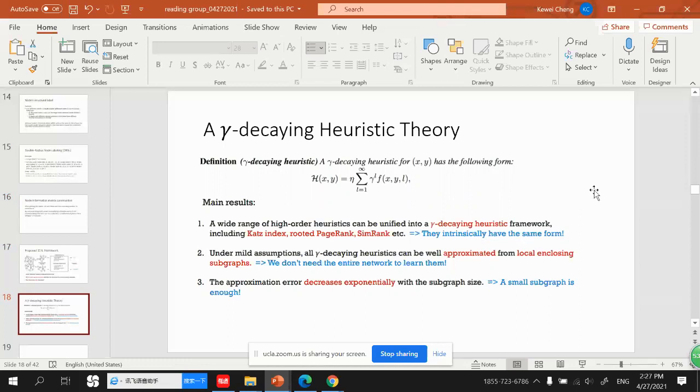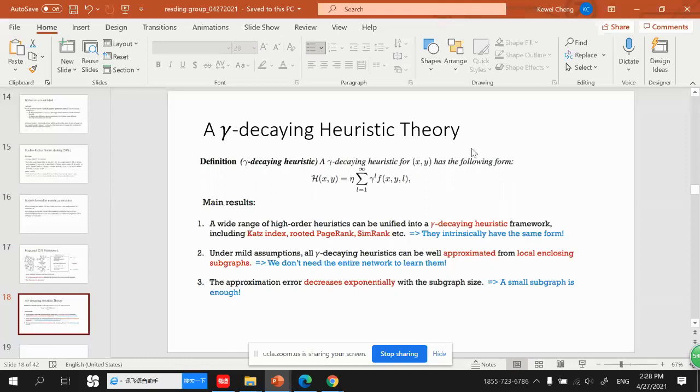The gamma decaying heuristic for a pair of nodes x and y can be defined as here, where L represents the length of the walk between x and y, and the score f(x, y, L) is the score of the pair of nodes x and y, considering only the walks with length L between x and y.